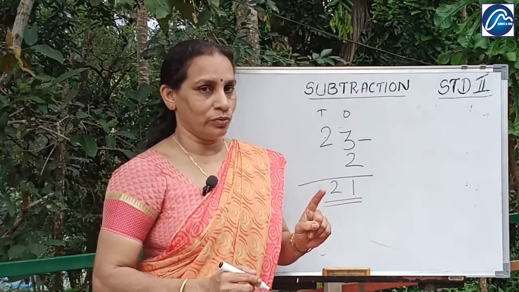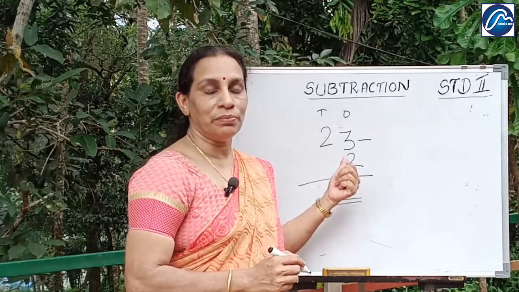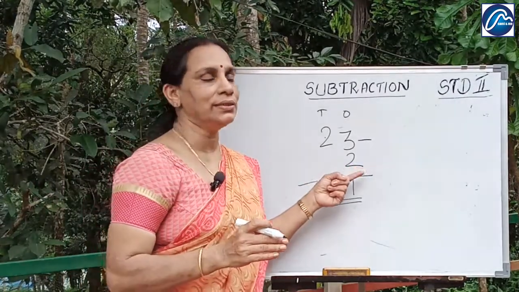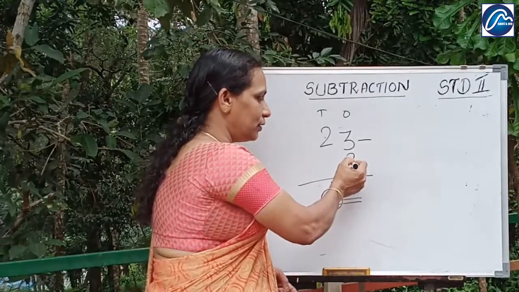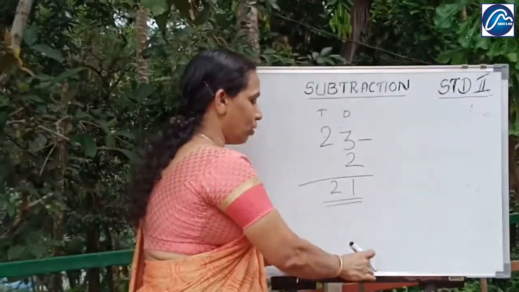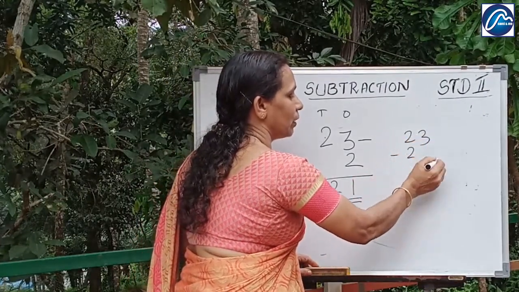This rule you have to follow. That means you have to keep in mind this point: whenever you are subtracting, you have to write the ones place first. It will be wrong if you write like this. 23 minus 2, somebody will write like this.